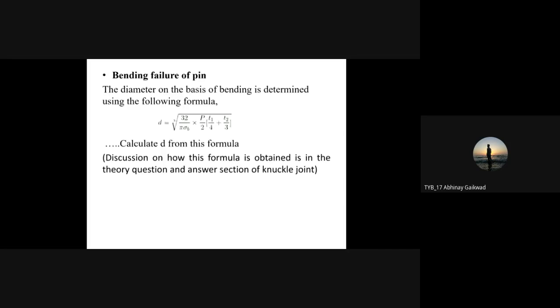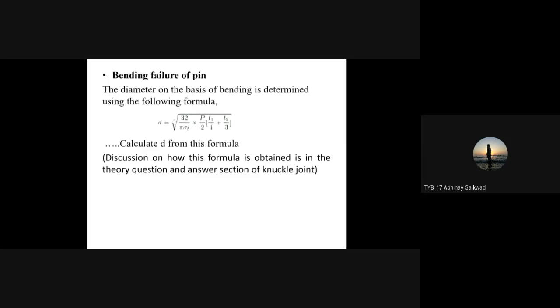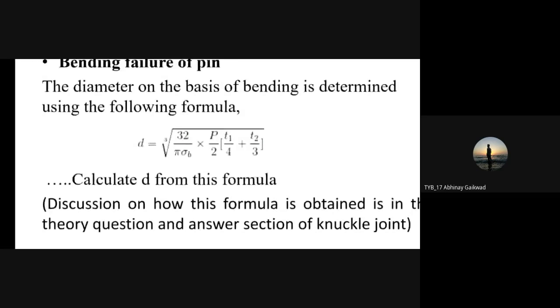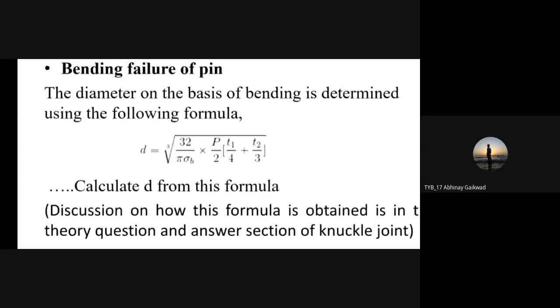Again, that bending is due to the tensile load, and that bending stress can be calculated from sigma by y is equal to E by R. From that we are going to find out, and here we are going to use this formula as a round section is used. That's why we are going to calculate the moment of inertia as pi by 32 d cube, right?